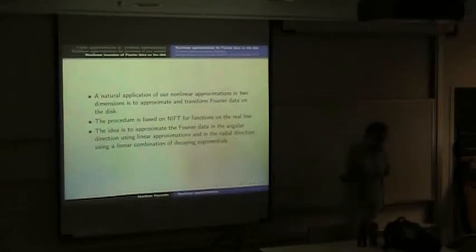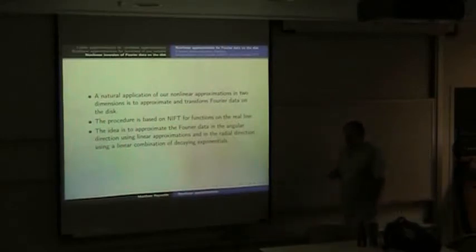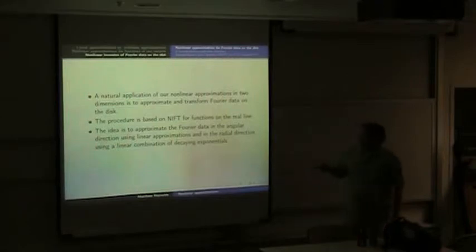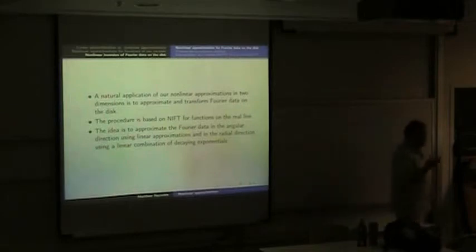We have data on a disk, and we're going to do two approximations in two directions: one in the angular direction, and the other in the radial direction. What causes Gibbs phenomena is the decay as you go off in the radial direction. So we're going to use exponentials on that part, and for the angular part we're going to use just a standard linear approximation.